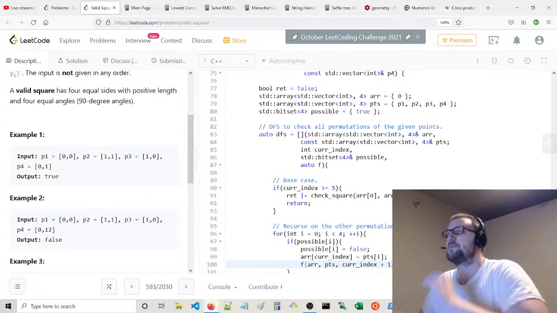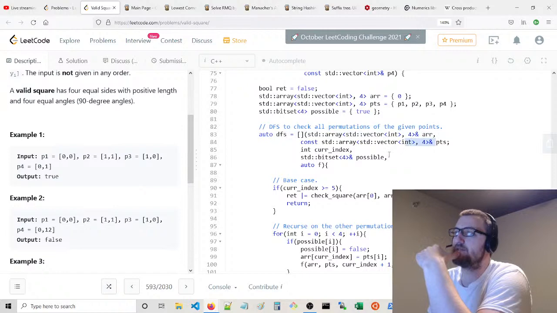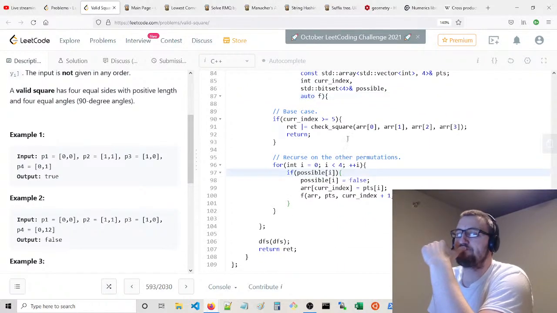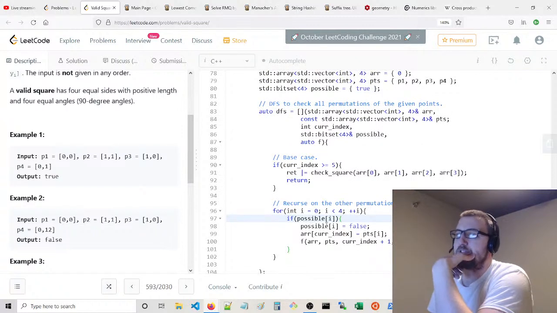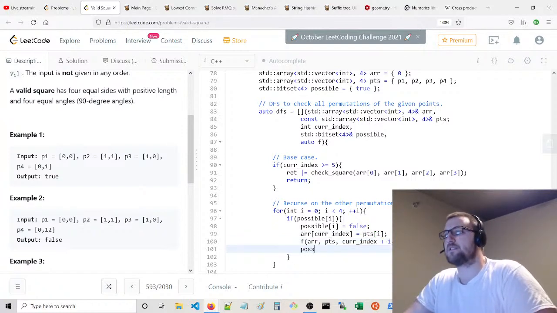So if it's possible, we'll set possible equal to false and update this to this points value, recurse. And actually, you'd want to update this to something else again. You'd set possible of i equal to true afterwards.